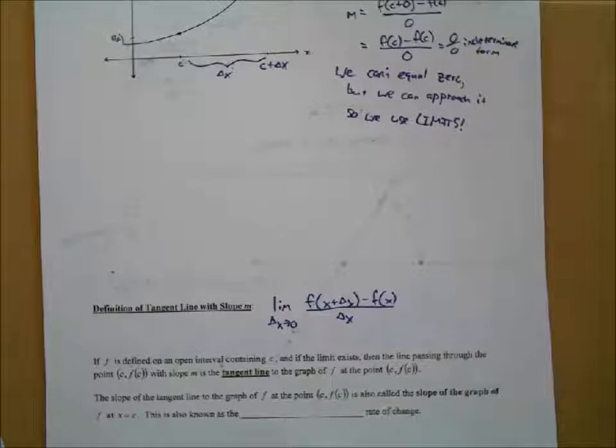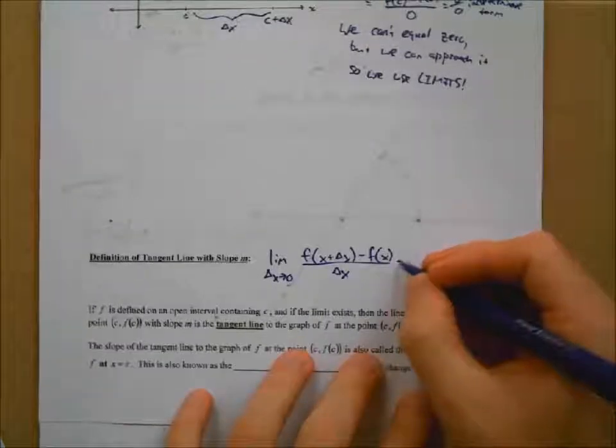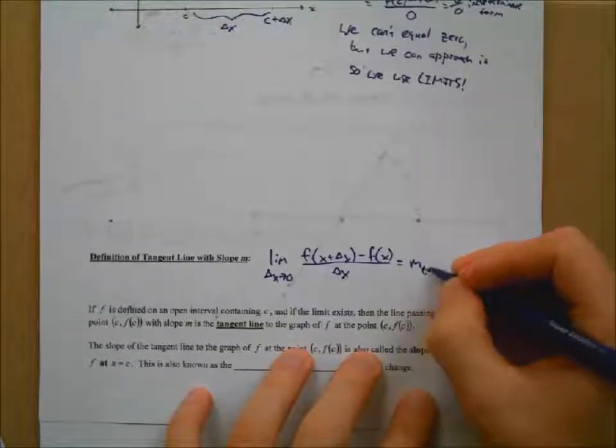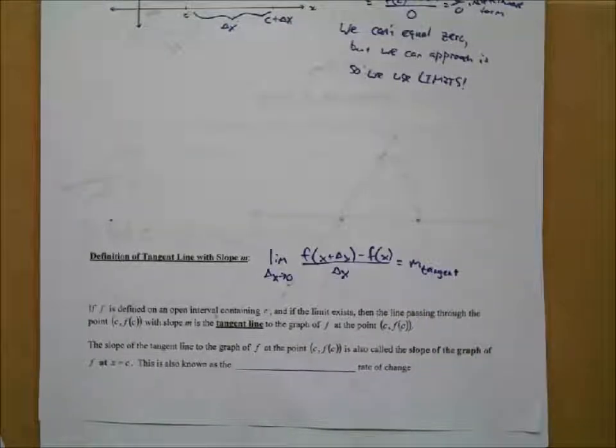And you can think of that as like the m sub tangent, or the slope of a tangent line. That is it. Okay, that is the slope of our tangent line.